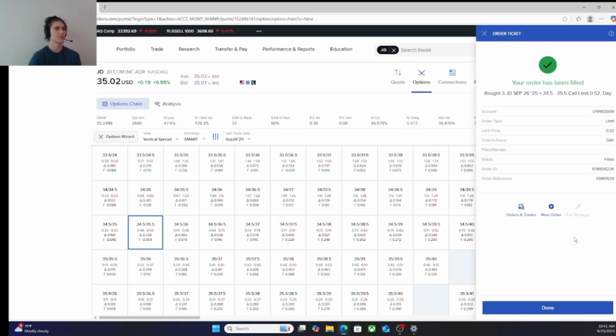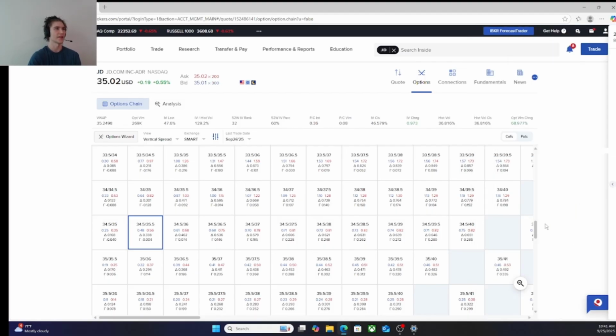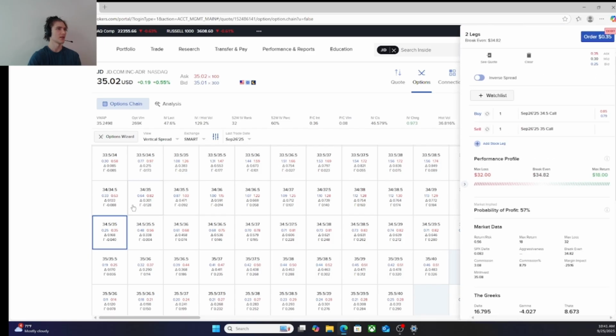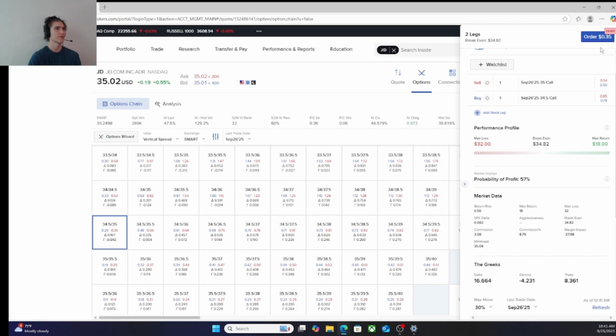We got filled in between, and now let's add a couple lower ones. Calculator, check the in between. $18.32. For risk reward purposes, I'm really liking this 35.01.